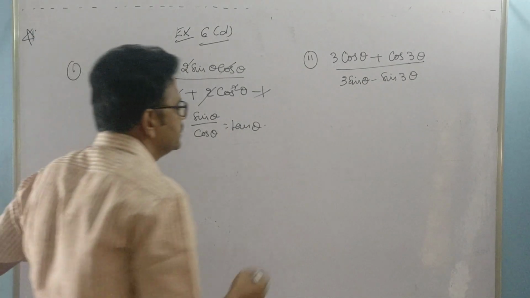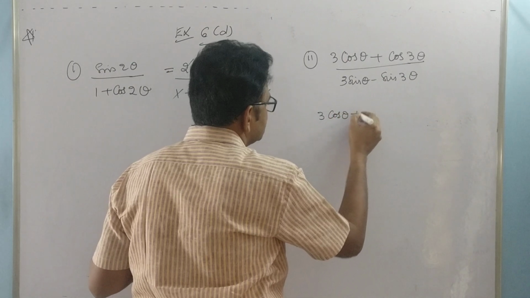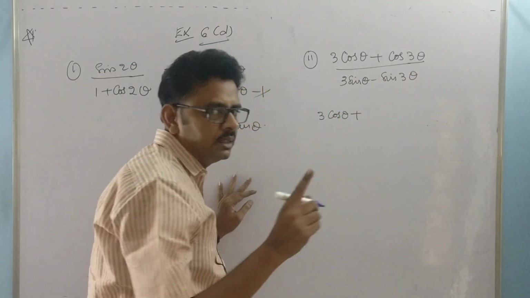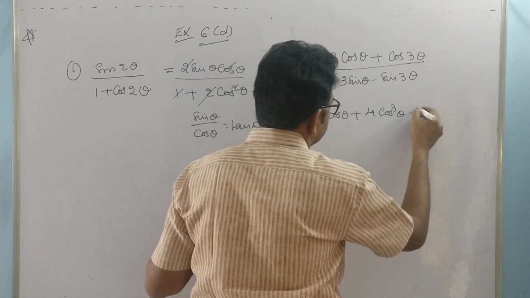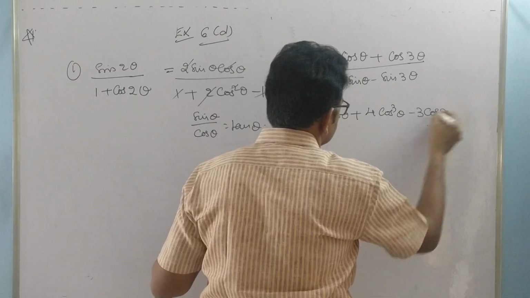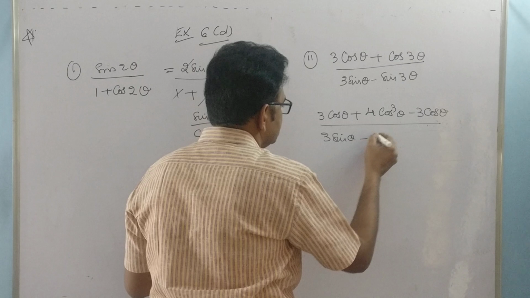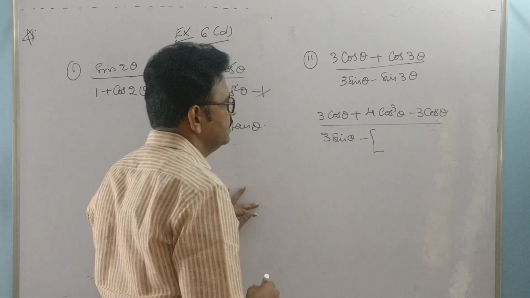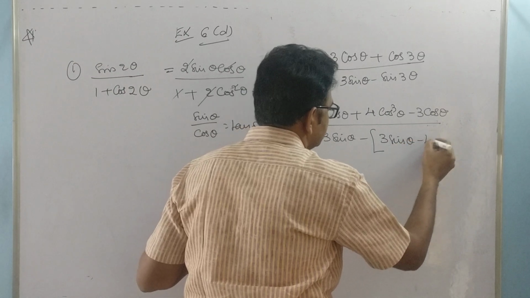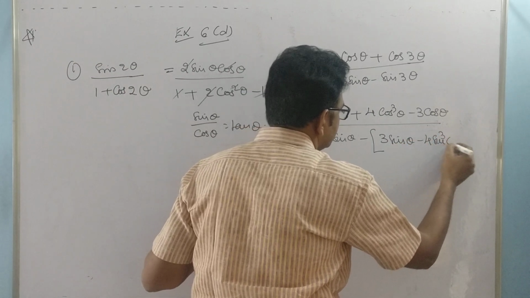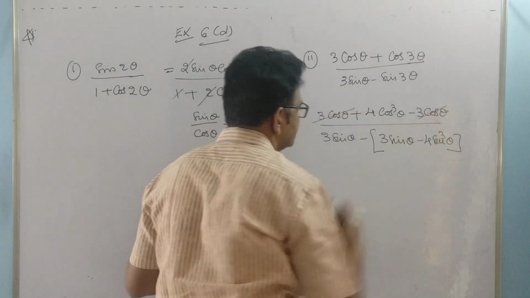Now if you take the second problem, this is 3 cos theta plus cos 3 theta. There is only one formula, that is 4 cos cube theta minus 3 cos theta, by 3 sin theta minus sin 3 theta, and the sin 3 theta formula is 3 sin theta minus 4 sin cube theta. So these 3 cos theta terms get cancelled.